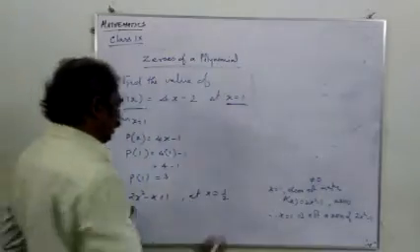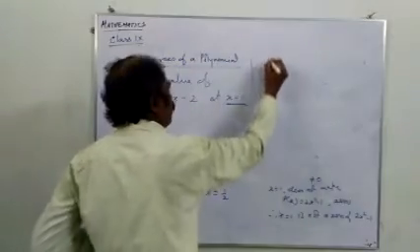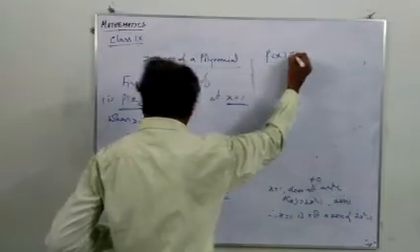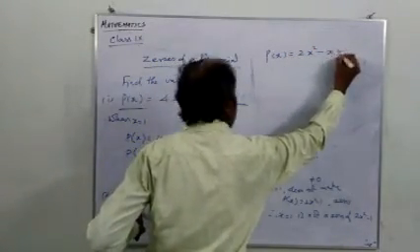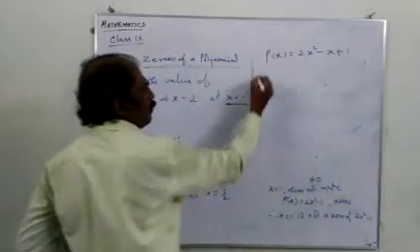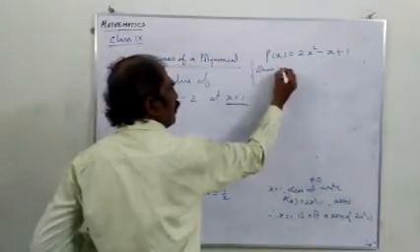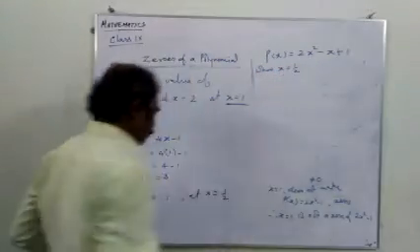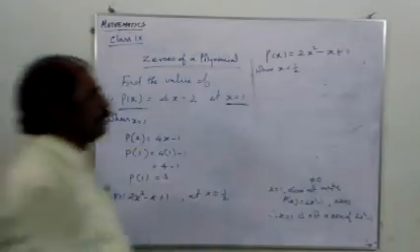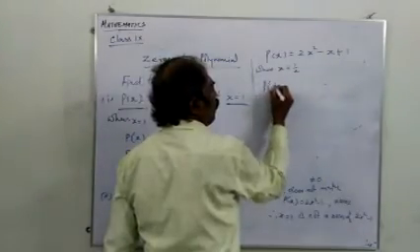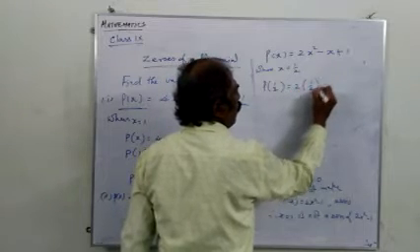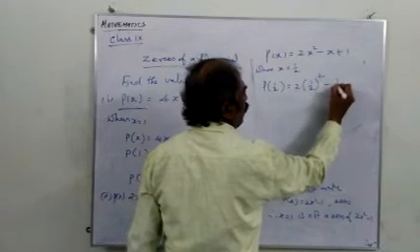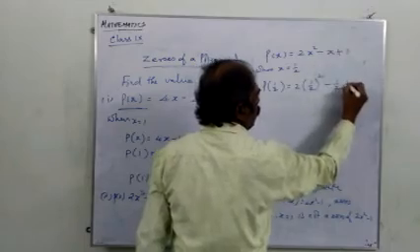Here, let p of x equal to 2x square minus x plus 1. Then when x equal to 1 by 2, we substitute: p of 1 by 2 is equal to 2 times 1 by 2 square minus 1 by 2 plus 1.